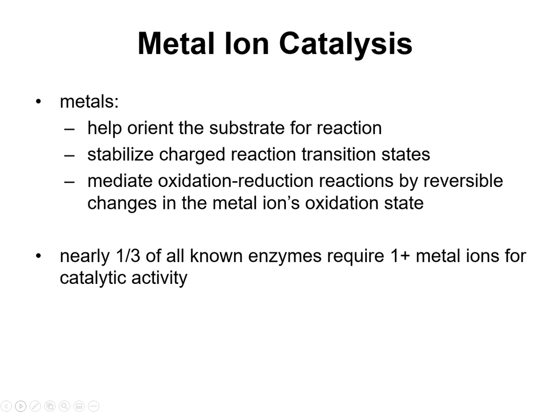They can also mediate oxidation reduction reactions because oftentimes you'll see transition metals like iron in an active site, and they can go from iron 2 plus to iron 3 plus and vice versa. Changing the metal ion's oxidation state can help you do redox reactions.